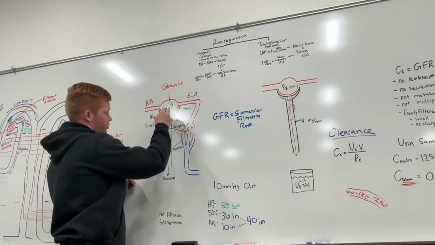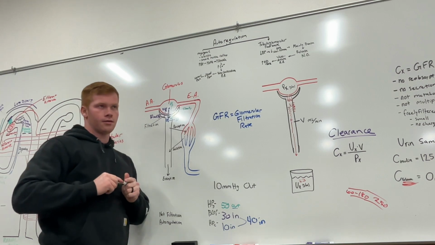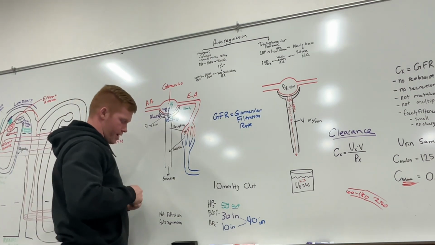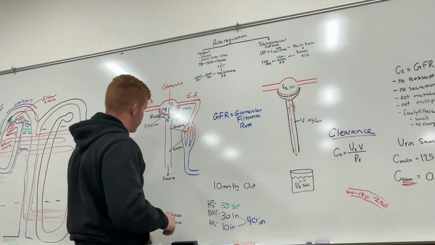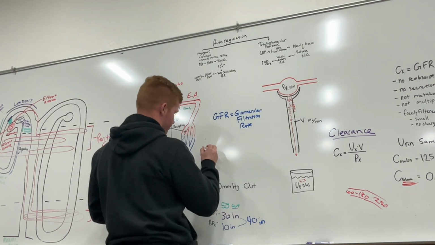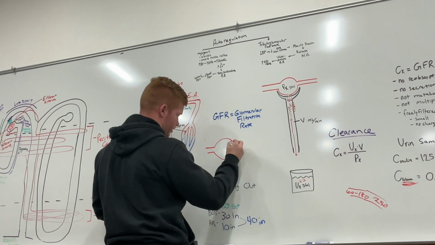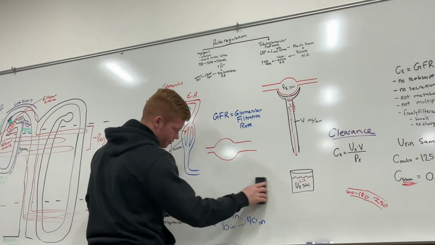We have a filter letting it come into the Bowman's capsule. There's a membrane, and that's our filter. Let's just draw it right here because this is a little too crazy.